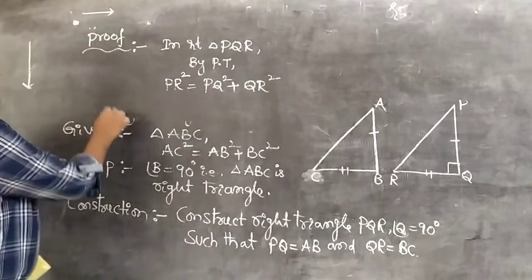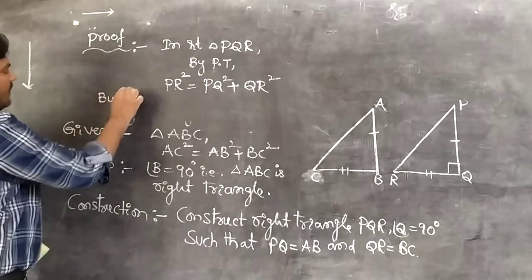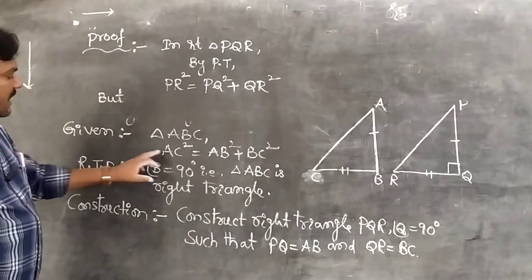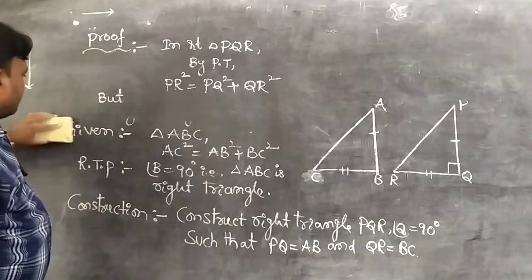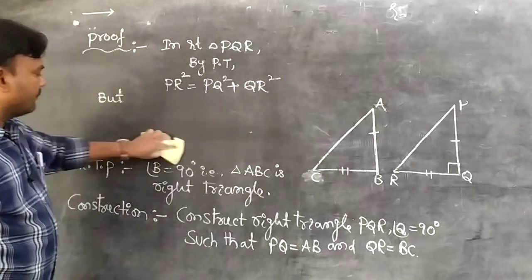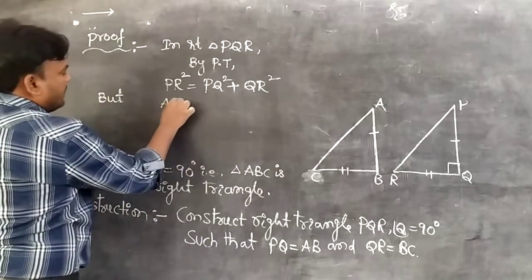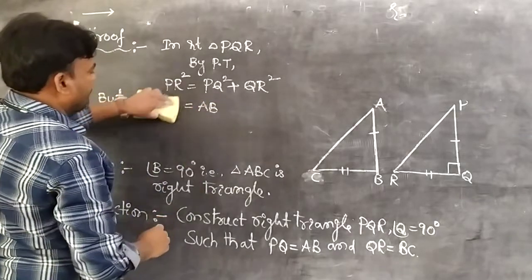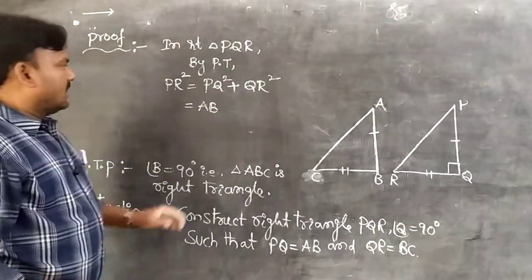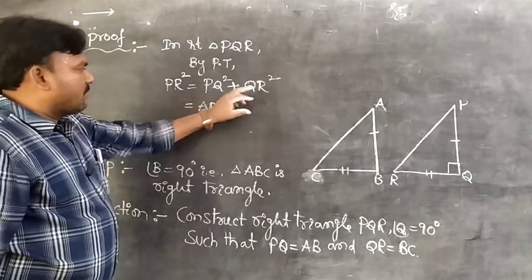But according to the given part, what is given? AC square equals AB square plus BC square. Observe here: PR square equals PQ square plus QR square.